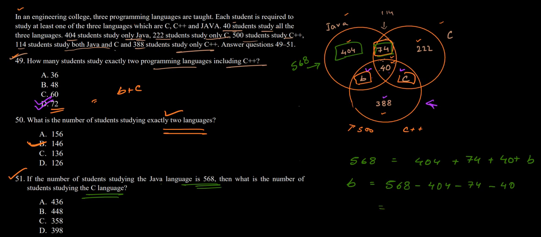So this will come out to be 50. So 50 is the number of students studying only Java and C++, but not C, which is the value of B.